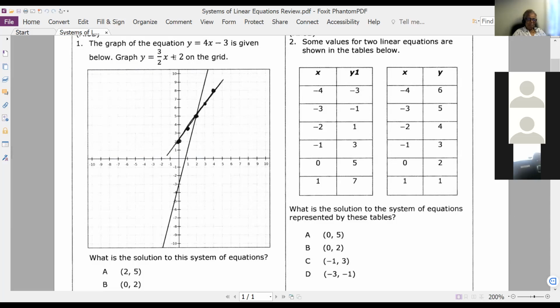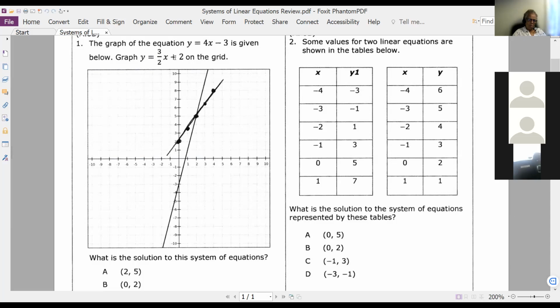Okay. So what values did you get, Maureen? I get 2 and 5, I get -1 and 3, and the last one, I don't know. So how did you do number one? I figured it out on my phone.